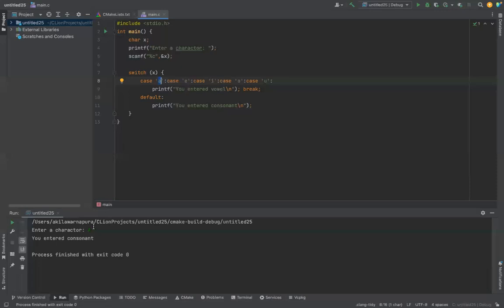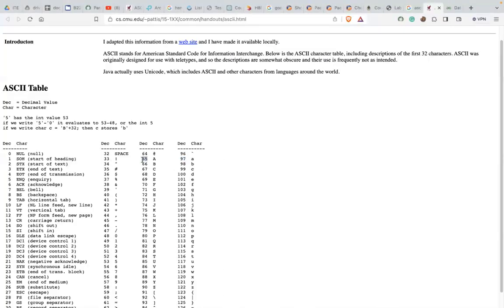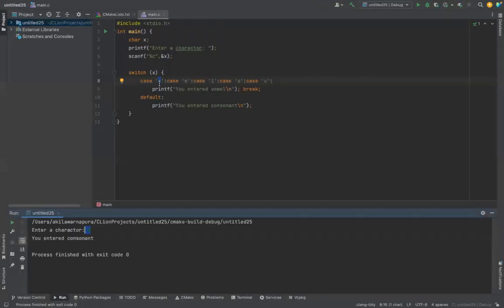But if you enter capital A, which is 65, you are comparing 65 with 97. No, it doesn't equal. Therefore, it jumps to the default case, consonant.